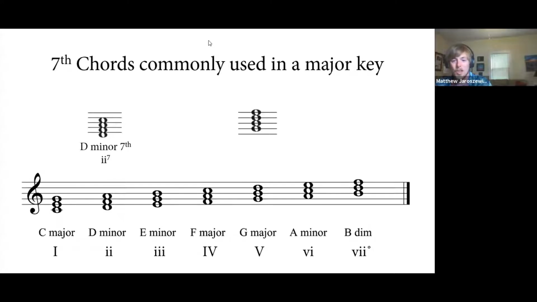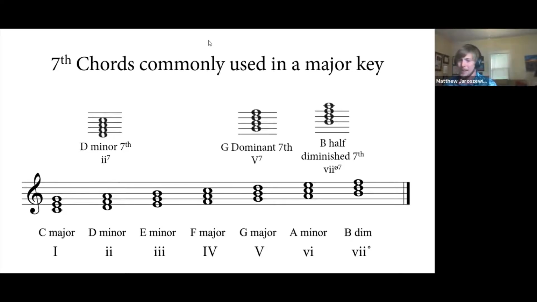We'll have a G dominant 7th chord. That is the 5th scale degree, a 7th chord built on 5, so we'll use an uppercase Roman numeral 5 with a superscript 7. We have a B half diminished 7th chord.